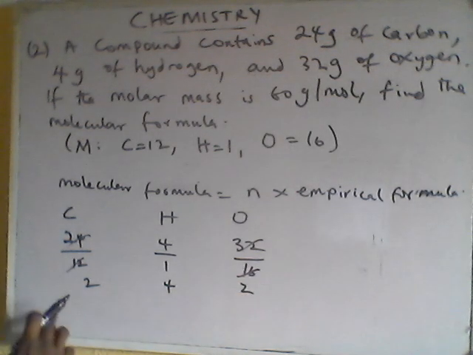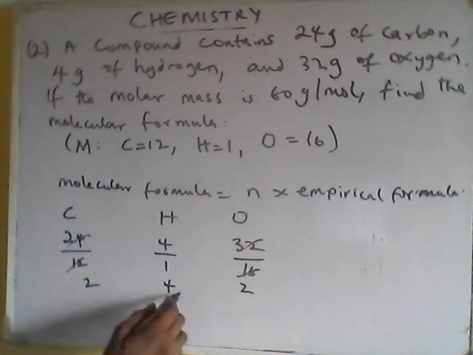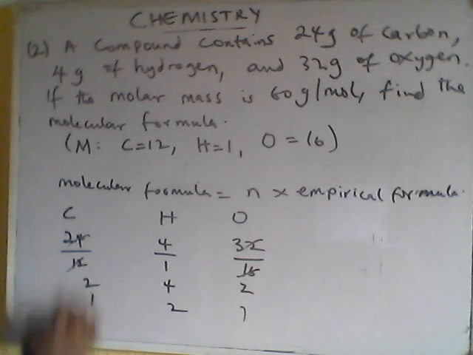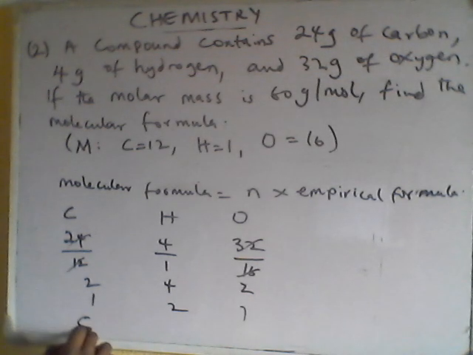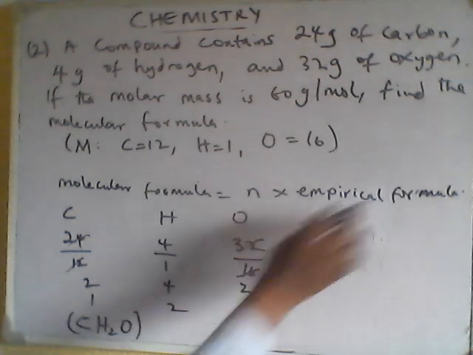So 2, 4, 2. So the simplest ratio is 2, 4, 2, right? Or I can reduce it to 1, 2, 1. The simplest ratio. So the empirical formula is CH2O. This is the empirical formula. So I've gotten this one now.